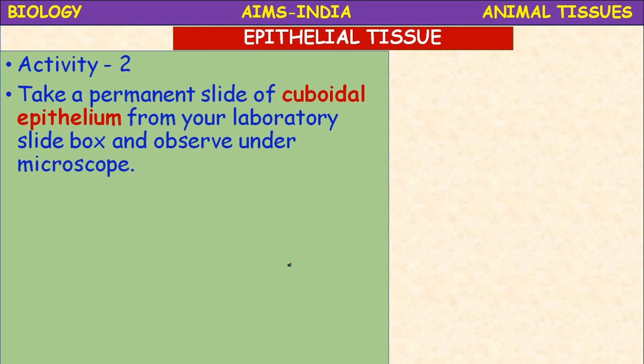Take a permanent slide. Already we have started; the first activity was completed in the last class. So the activity 2: take a permanent slide of cuboidal epithelium from your laboratory slide box and observe under the microscope.